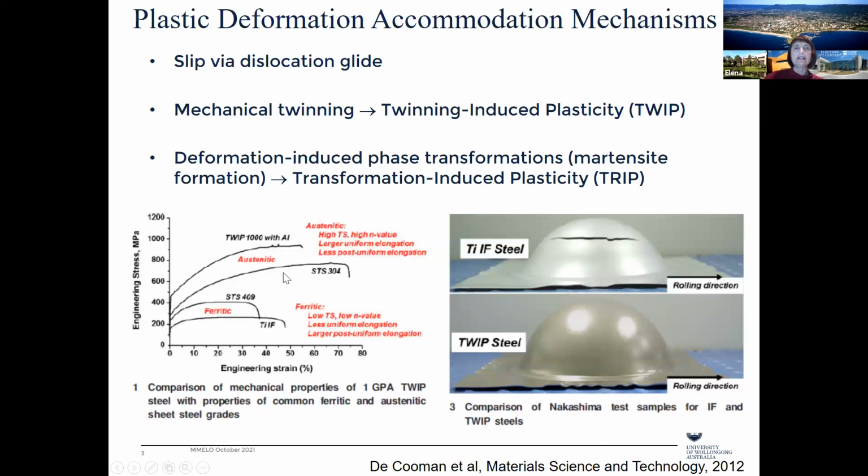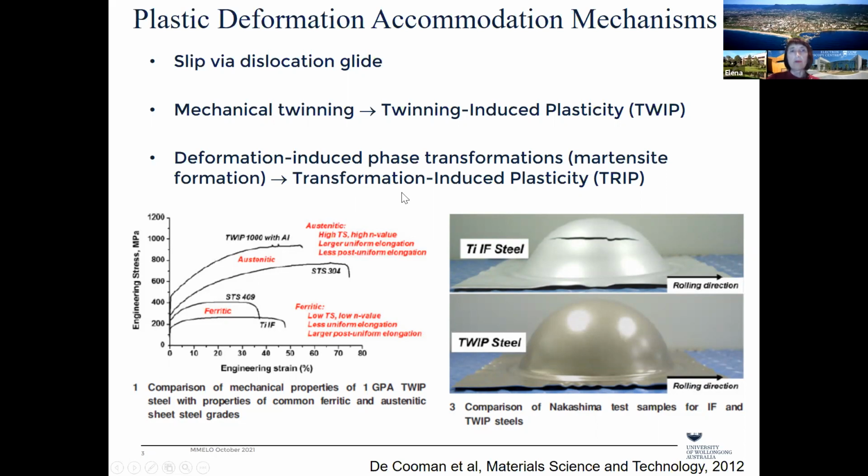In steels with twinning operation or phase transformation, we have an increase in both strength and ductility. For example, TWIP steels could have strength exceeding 1 gigapascal with different elongations, with values up to 60%.